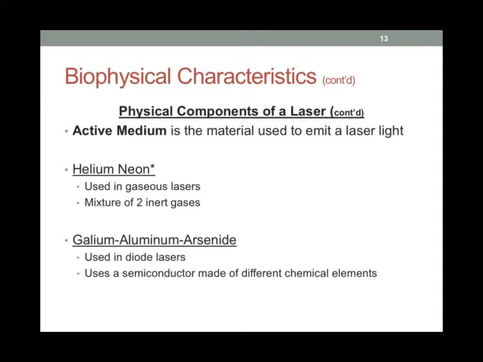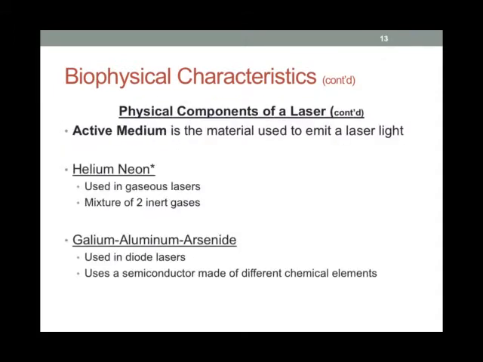We won't talk about that as much because it's not used quite as much. But the gallium aluminum arsenide, those are the ones that are used in diode lasers, and those are more common now. Those use semiconductor material that's made up of different chemical elements such as gallium, aluminum, and arsenide, and those are used to create lasers of a certain wavelength.